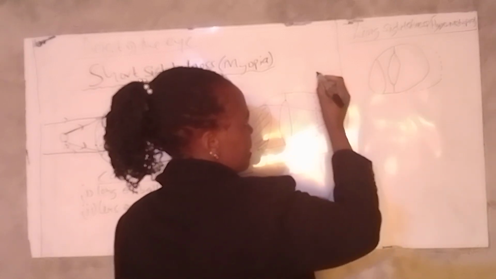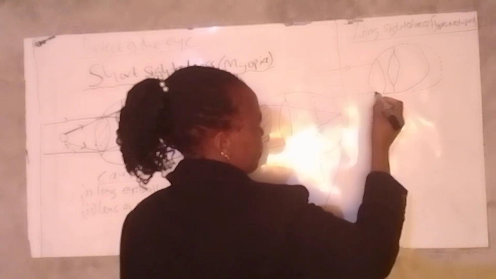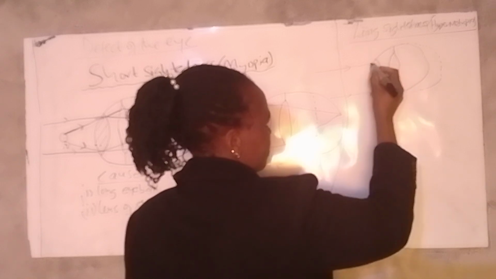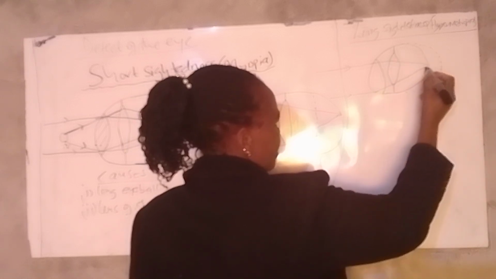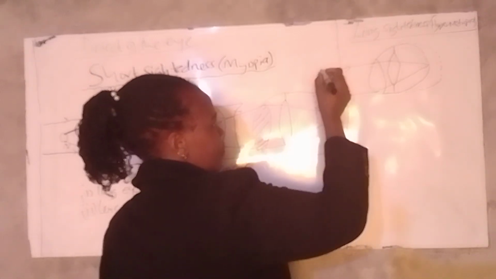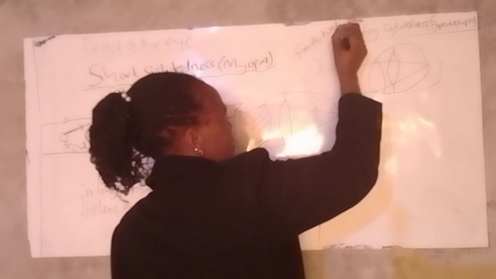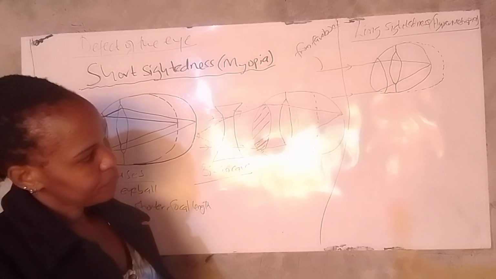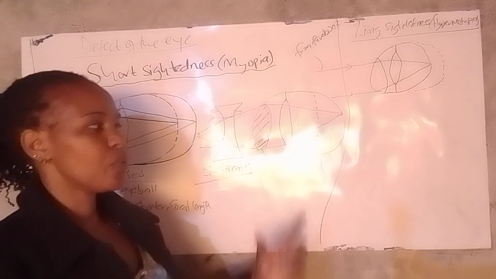Those rays that are coming from far come and are diverged to meet on the retina. Say they are coming parallel to each other because it's like they're coming from infinity.